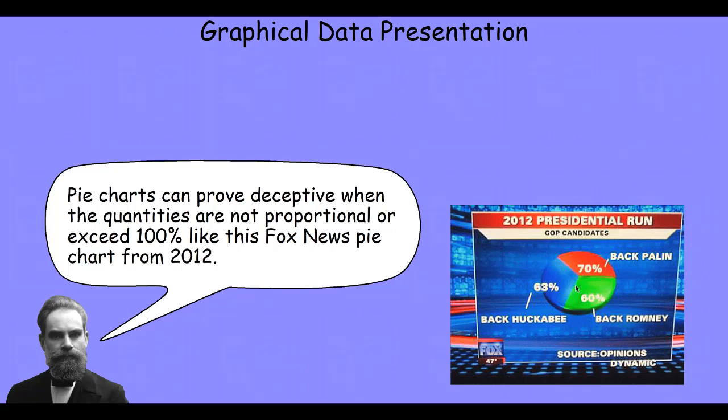If you don't pay attention to these numbers here, you might not notice that apparently somewhere around 193% of people are backing presidential candidates in the primary in 2012. So clearly, these numbers can't actually be indicative of the numbers or the percentage of people who really back these individuals. A pie chart should always add to 100%.